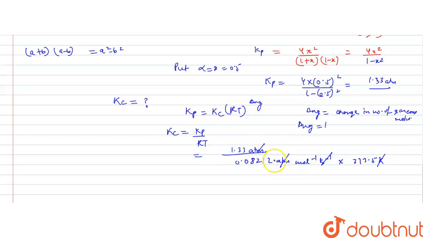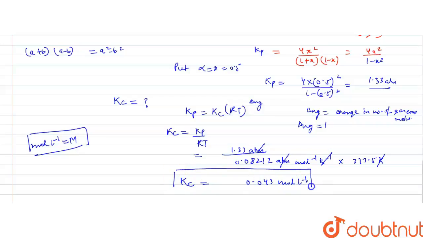So we have the value in liter per mole. When it goes to the numerator, it will be in mole per liter, that is the concentration unit, molar. So when we calculate this, Kc becomes 0.043 mole per liter. So this is the value of Kc for this reaction, that is the concentration equilibrium constant.